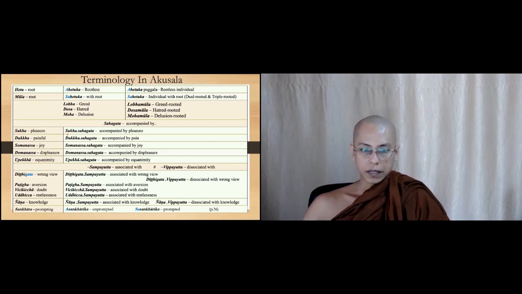So coming together with sukha, it becomes sukha sahagata, accompanied by pleasure. Dukkha sahagata, accompanied by pain. Somanasa sahagata, accompanied by joy; domanasa sahagata, accompanied by displeasure; upekkha sahagata, accompanied by equanimity.